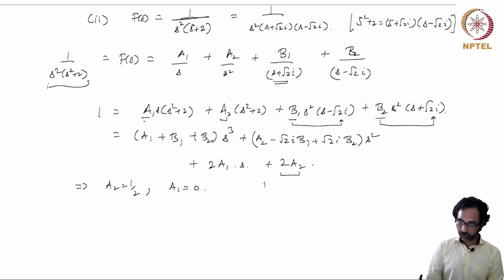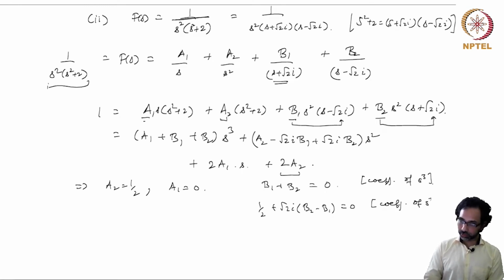So one equation is b1 plus b2 equals 0. This is the coefficient of s cubed, and you have half plus root 2i b2 minus b1 equals 0. This is the coefficient of s squared.